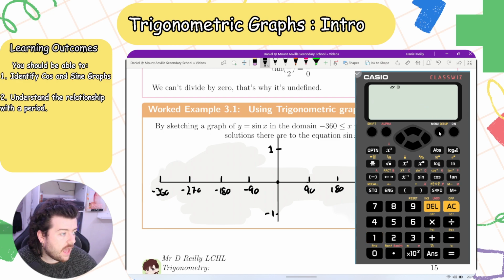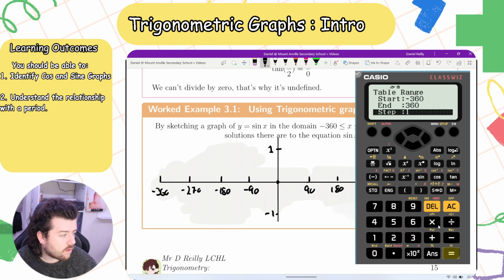So remember how to plot a graph? It's menu, then table. Put my function in. We're just doing sine x. So sine bracket x. We're starting at minus 360, going up to positive 360.